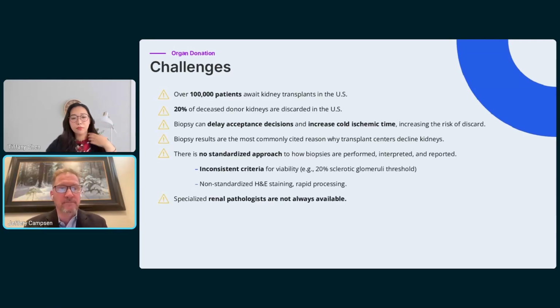Also, there is no true standardization in how the slides are prepared and processed. And finally, there are not a lot of renal pathologists familiar with organ donation available at all times, at all hours across the United States. So this is a real hindrance to getting accurate biopsy results.